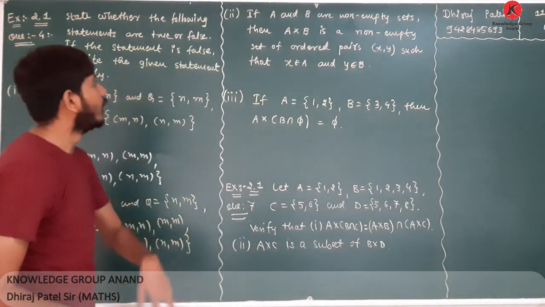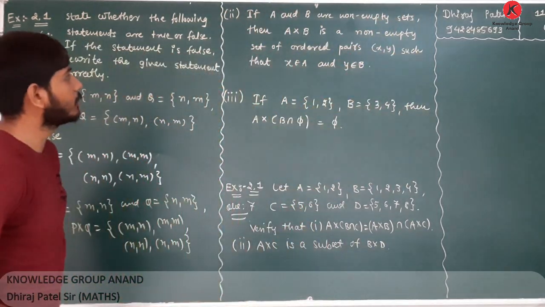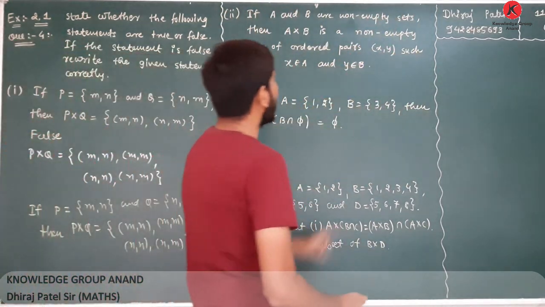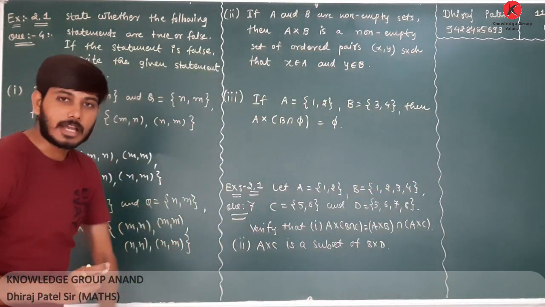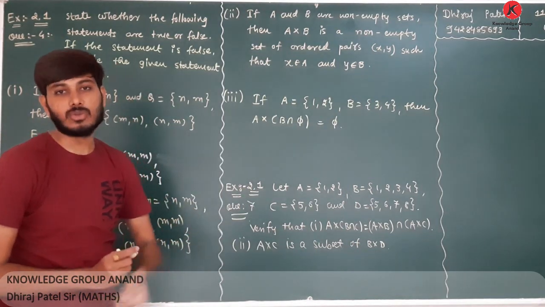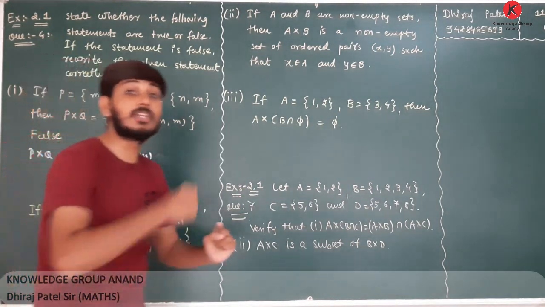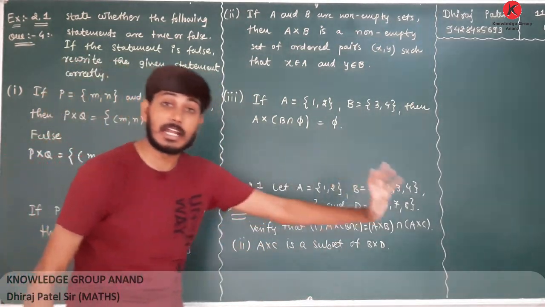Now we are going for the second question. In the second statement, if A and B are non-empty sets. What do you mean by non-empty sets? Sets which have some elements, that is, not empty, so they have elements like 1, 2, 3, 4.